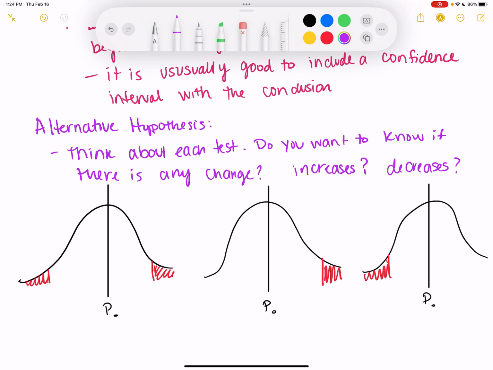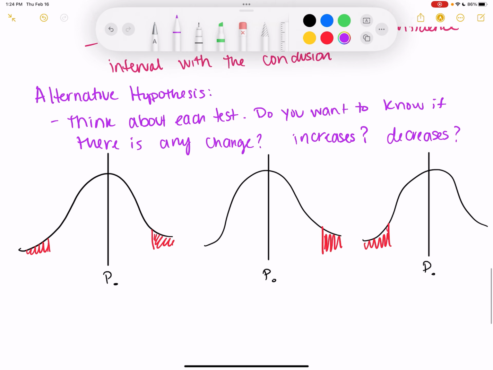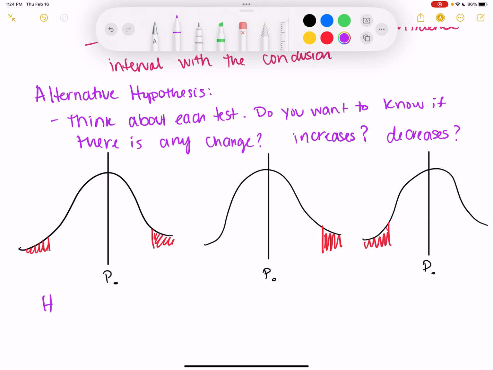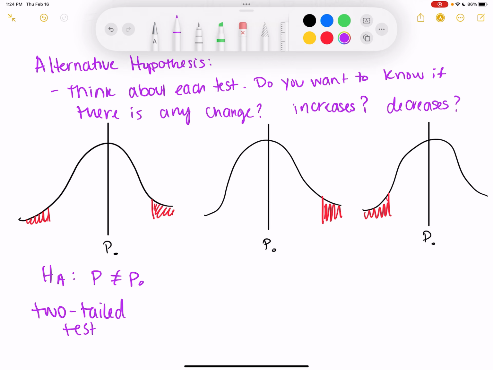So this first one where you have something on both ends, your alternate hypothesis would be P is not equal to P0. And it's what we call a two-tailed test. This one where it's only on the right side, the alternate is P is greater than P0.